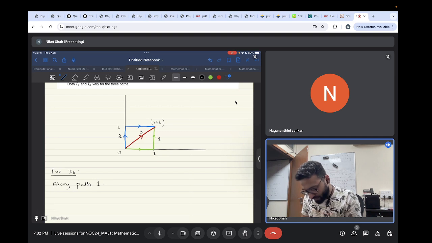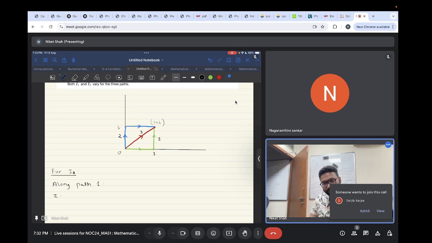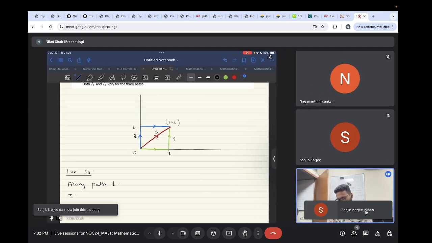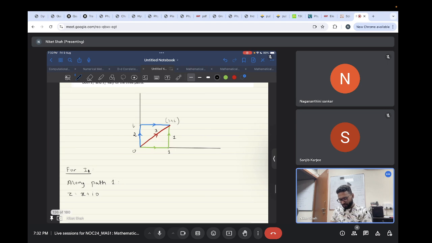Firstly, the first part of this path is along the real axis only. In this case, z is simply x plus i times 0. This is how we can write z along this path.